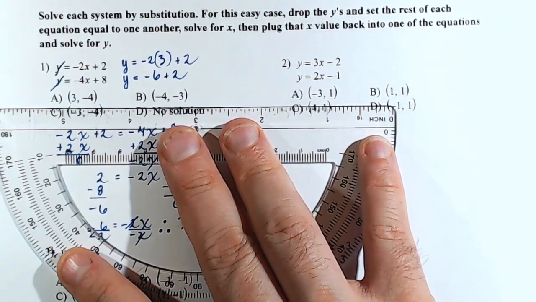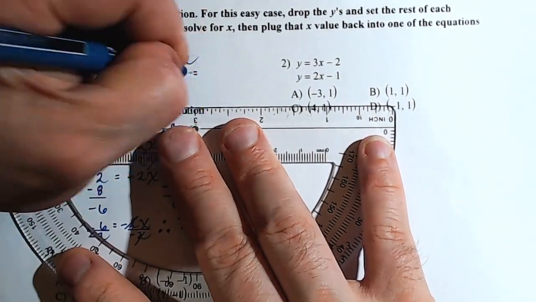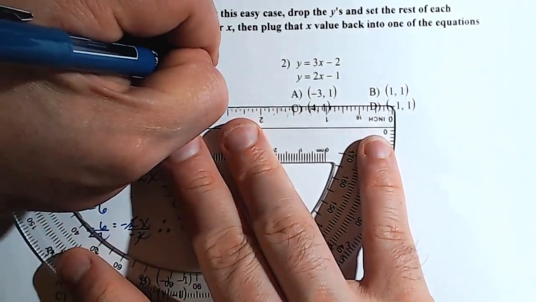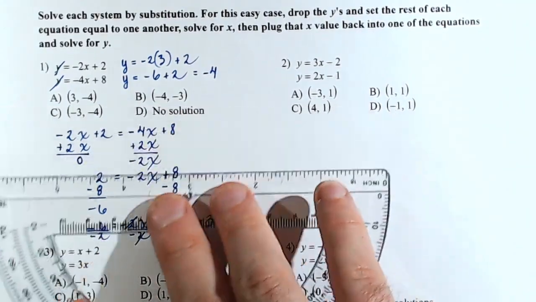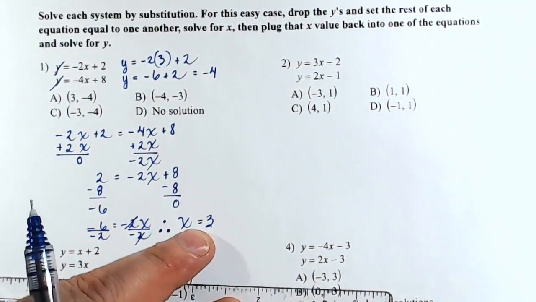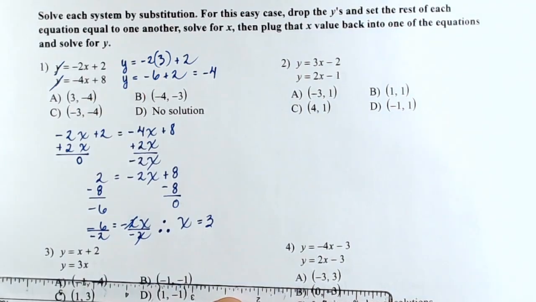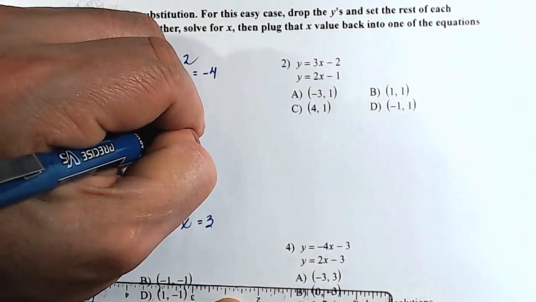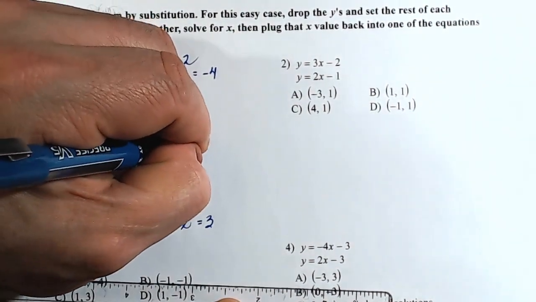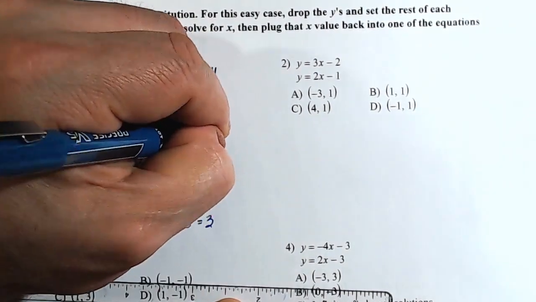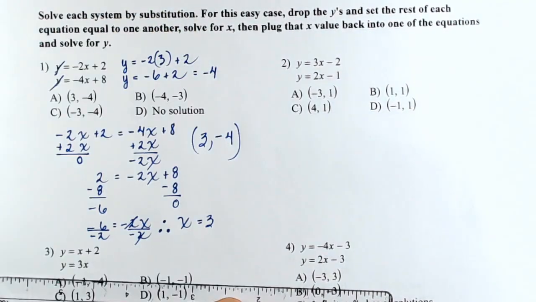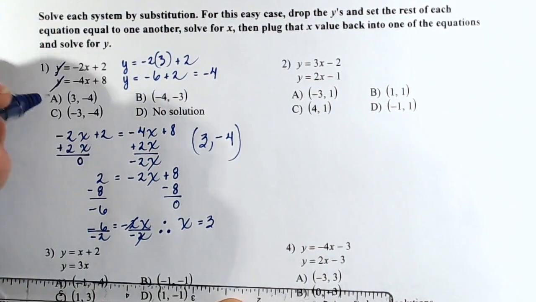And negative 6 plus 2 is negative 4. So y equals negative 4. So I have x equals 3, y equals negative 4. So the solution is 3 comma negative 4. That would be letter A.